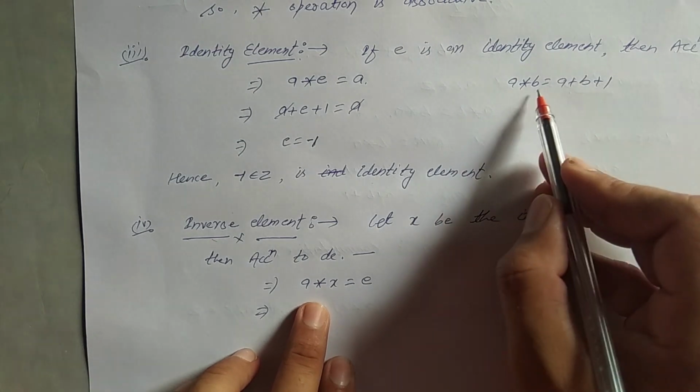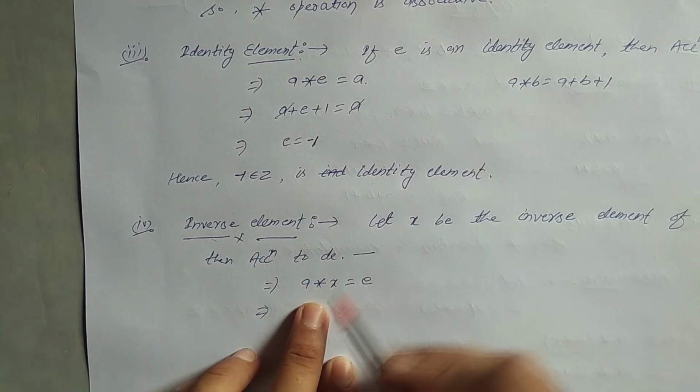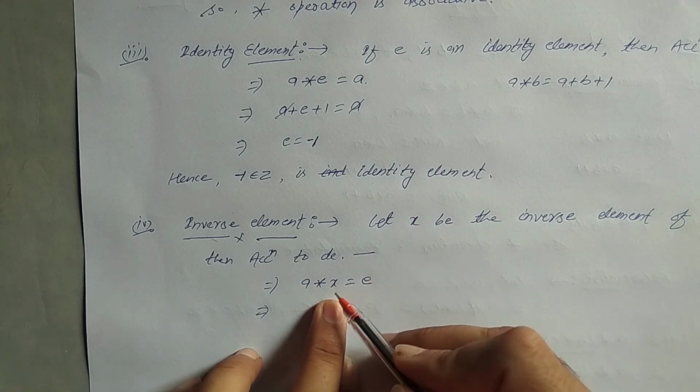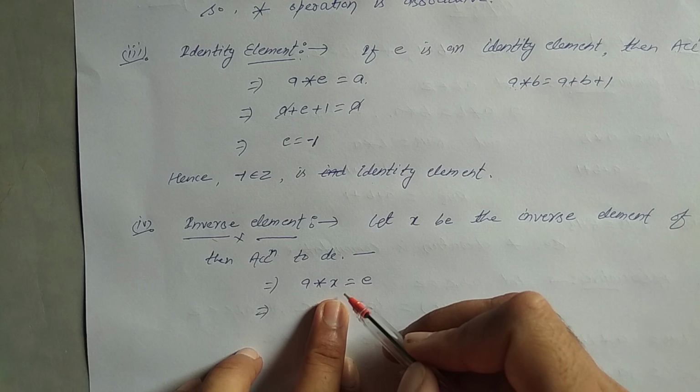According to the question, A star B is equal to A plus B plus 1, with A equal to A and B equal to x.